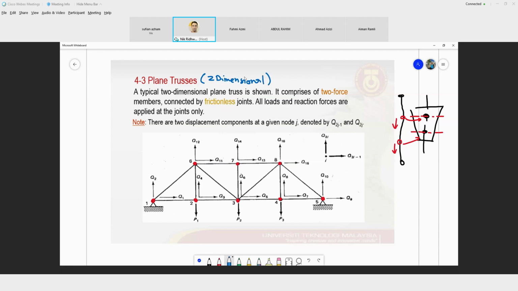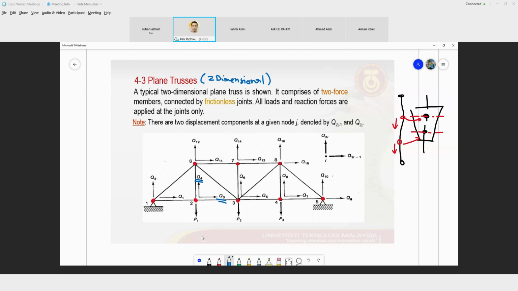So that means after we apply the load to the structure, there is a possibility for the displacement at each nodal point to displace in two directions, which is in the x direction and also in the y, or vertical, direction. So dia ada dua displacement dalam dua arah.